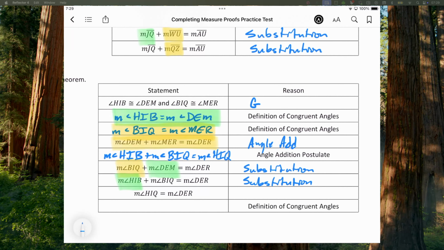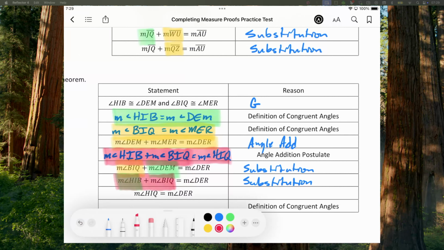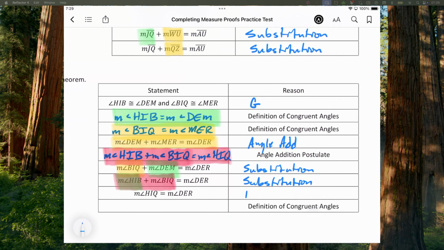And then we have that HIQ is congruent to DER because HIB and BIQ is congruent to HIQ. So we can replace HIB and BIQ with HIQ. And that is going to be transitive. Because their measures are equal, they are congruent, so angle HIQ is congruent to angle DER.